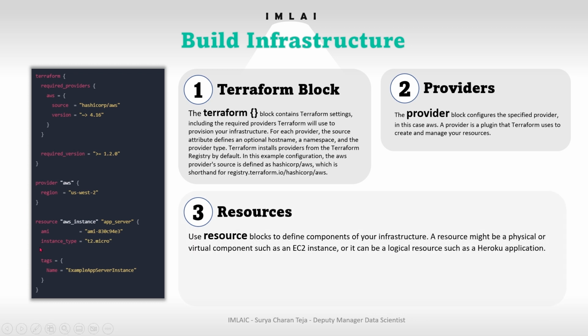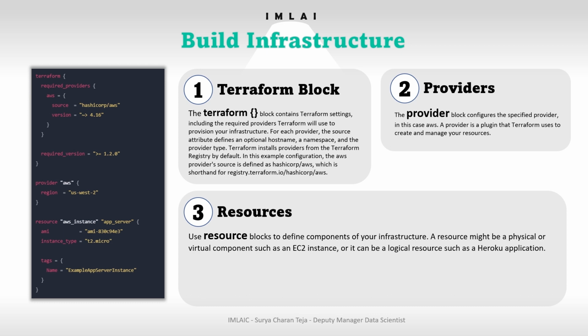You can see here the third component is resources. Use resource blocks to define components of your infrastructure. A resource might be a physical or virtual component such as an EC2 instance, or it can be a logical resource such as a Heroku application.